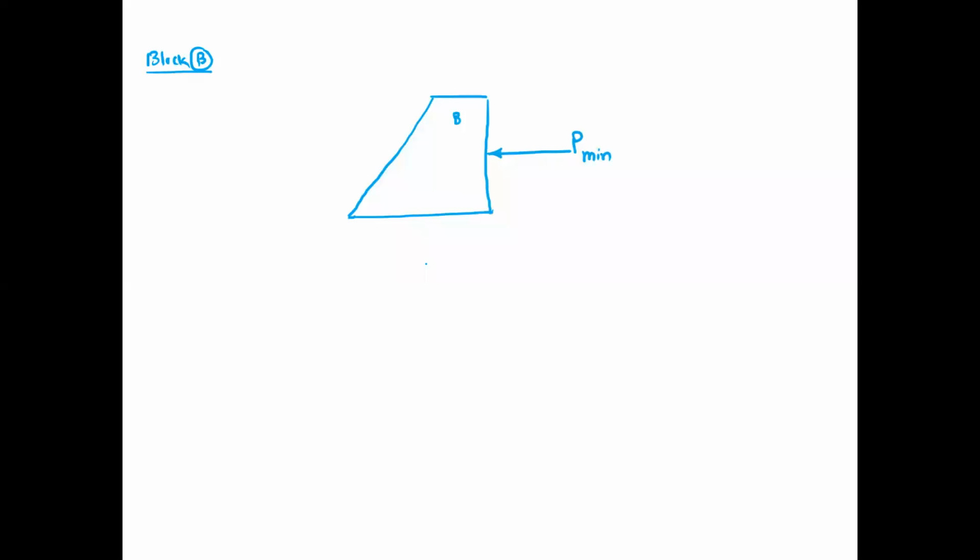For P minimum, the impending motion is towards the right side. This is the normal reaction between the horizontal surface and block B, so this is N3.